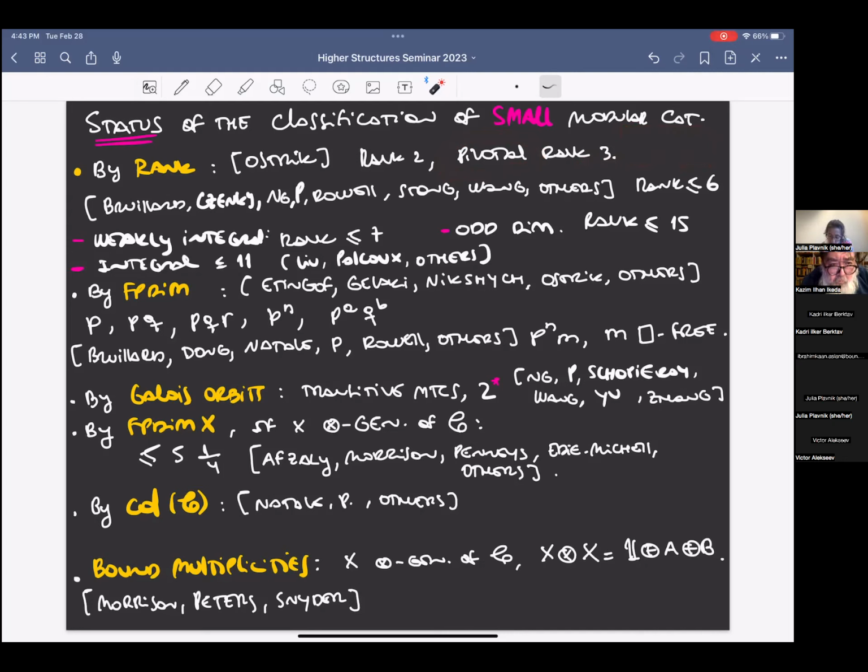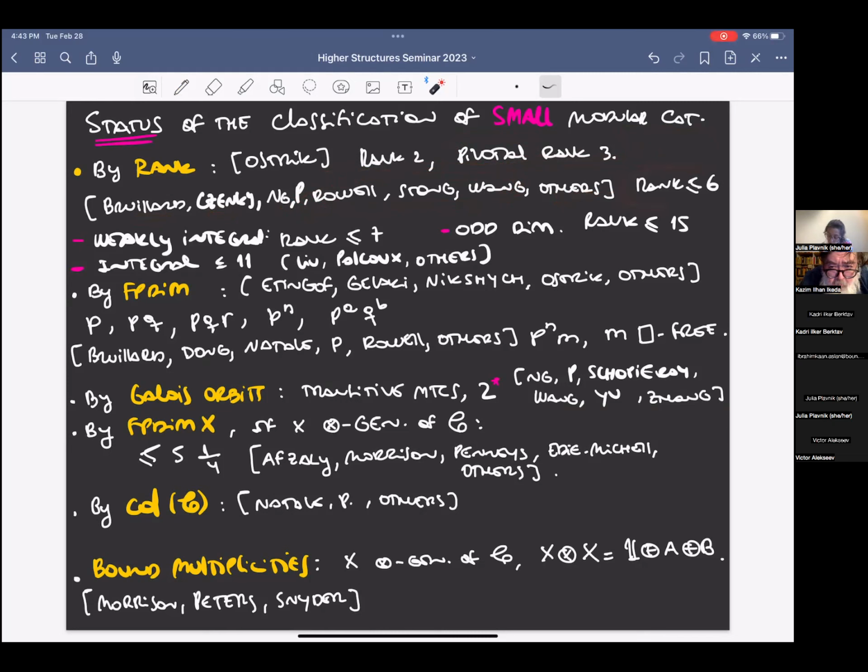So many people have worked in the classification of modular. Until here, I didn't ask for modular, but now when I go to modular, Paul Bruillard, Agustina Czenky, Richard, myself, Eric Rowell, Stong, and Wang were kind of the pioneers in the modular case of using the modular data to do this, and many other people have worked on this, a lot of people.